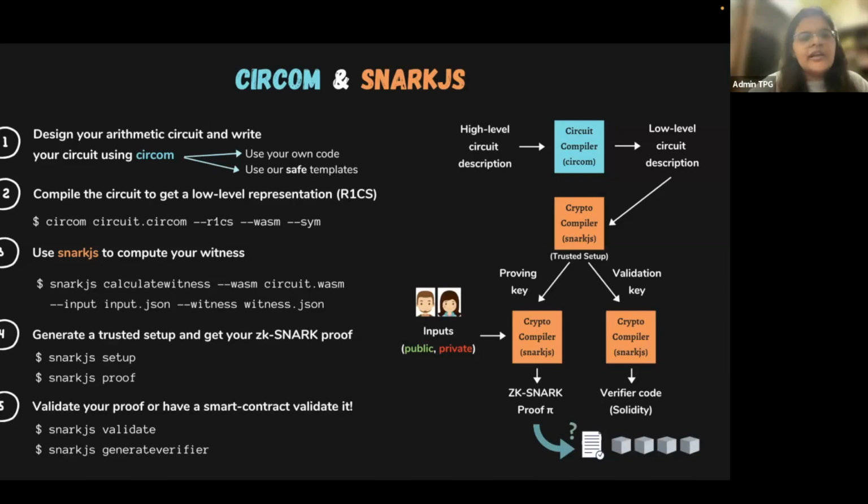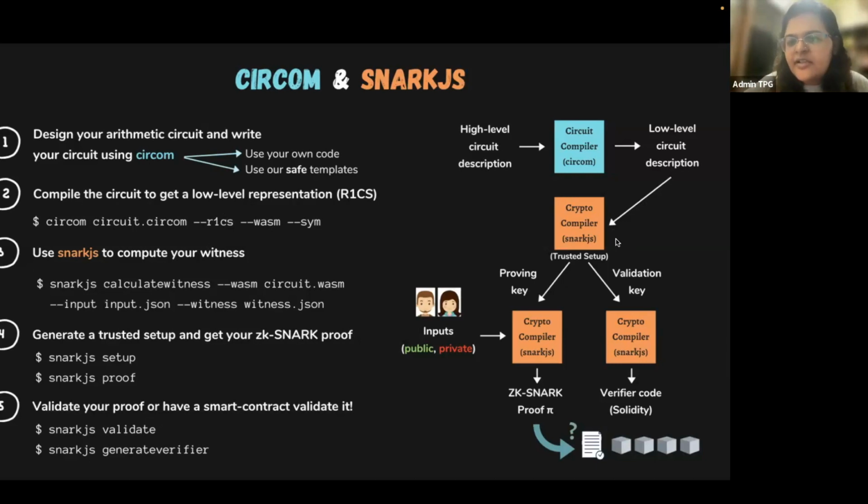So you will get something called a rank 1 constraint system, R1CS. You compile the circuit to get a low-level representation, and you use the parameters that you generate from here. You have an R1CS file, you'll get a WASM file, and you'll get a SYM file.